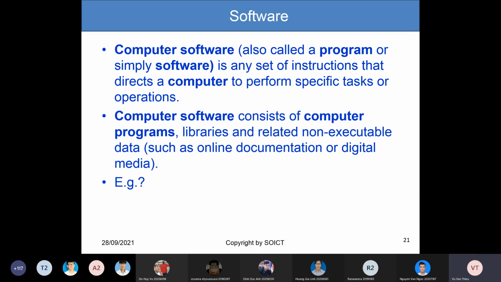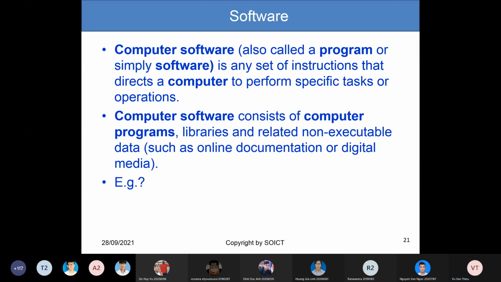Computer software consists of computer programs that the programmer created, libraries from programming languages, and printable non-executable data. So software consists of programs that programmers created, right?